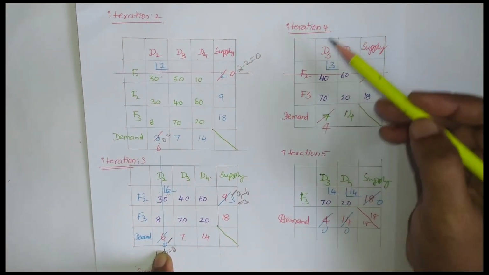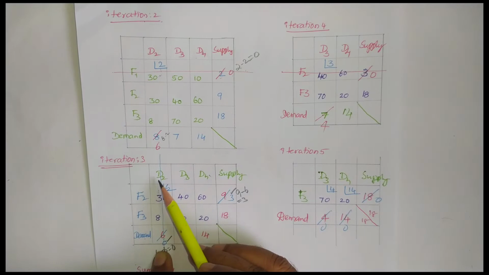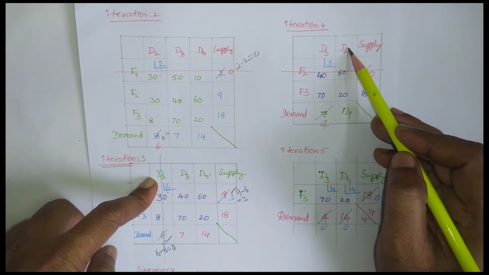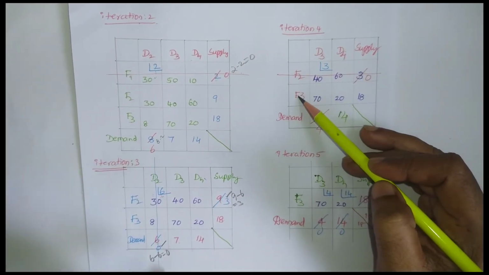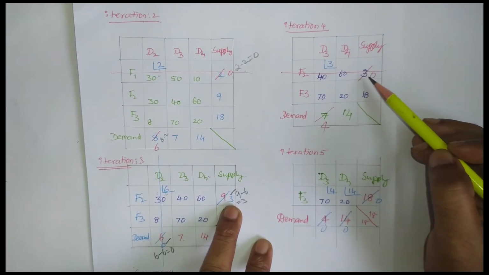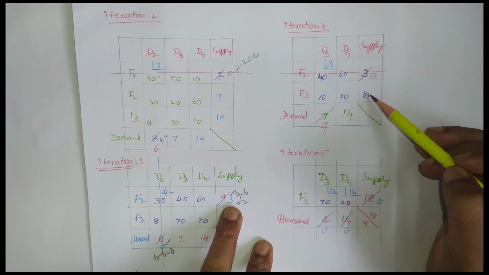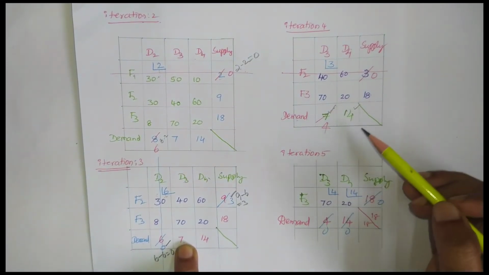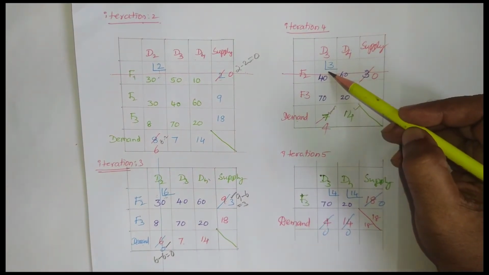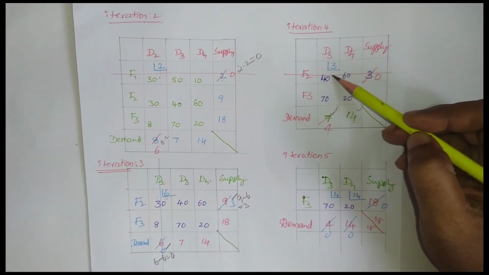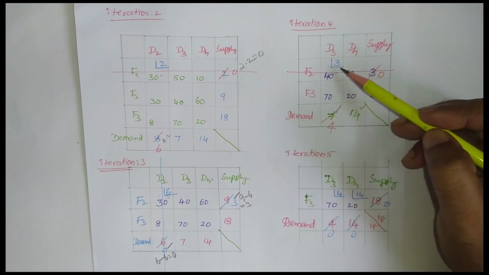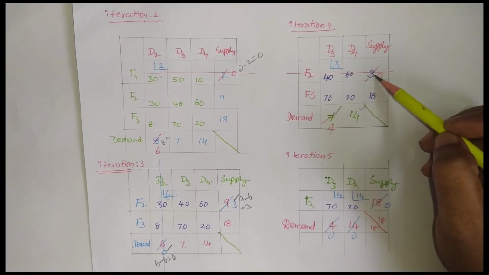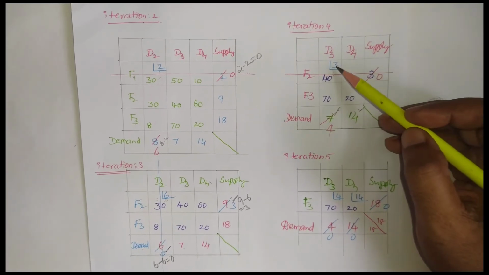Iteration 4. After deletion of the D2 column, we have two columns D3 and D4 and factories F2, F3. Supply is 3 and 18, and demand is 7 and 14. Consider the northwest corner of this table. Here demand is 7 units but supply is only 3 units, so only 3 units are allocated to this cell.